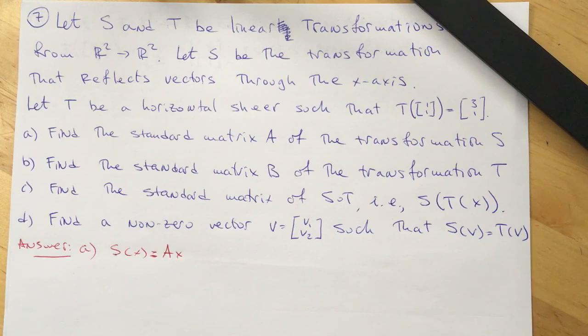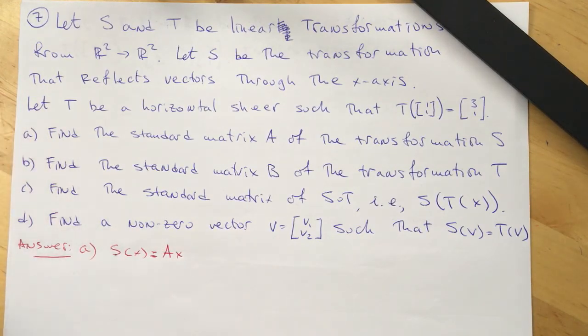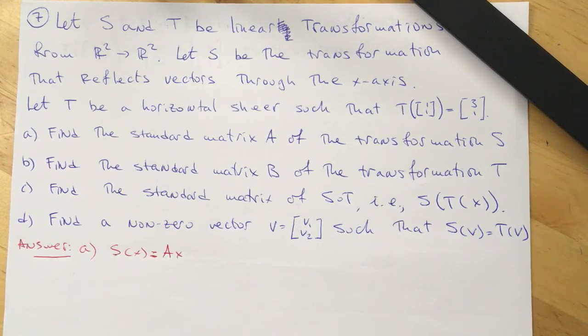Or simply you can see what this transformation does to the standard unit vectors, and always remember that the standard matrix of a transformation consists of columns that are the images of the standard unit vectors under this transformation.